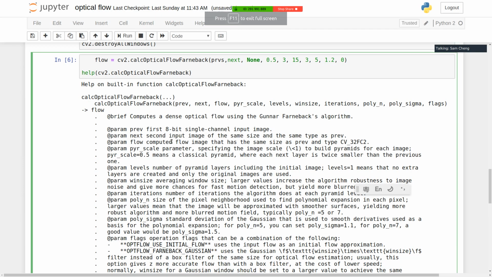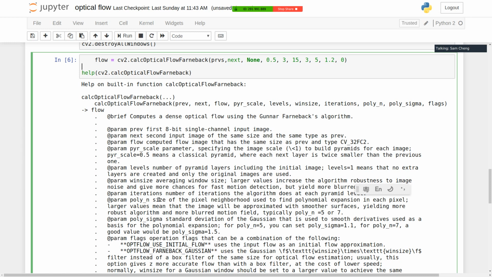How do we determine the value of each one of them? Do we just put in values? Yeah, I guess you put the default here. For example, a scale of 0.5 makes quite a lot of sense, I guess. A number of levels of 3 can make sense also. Maybe you can adjust the window size there. The number of iterations, I don't think it matters that much. Yeah, you can try that out.